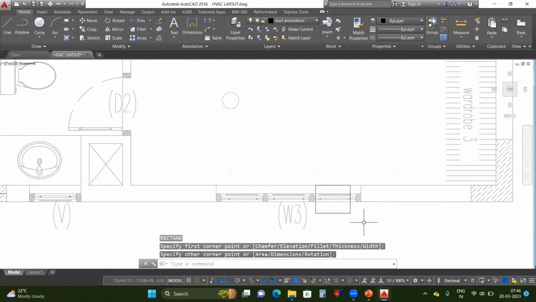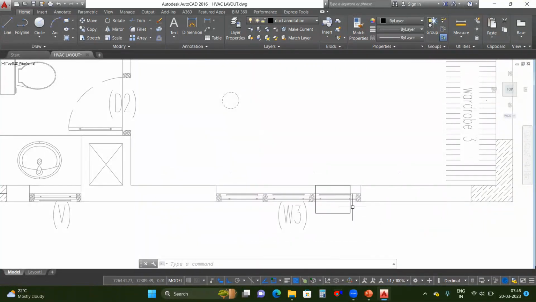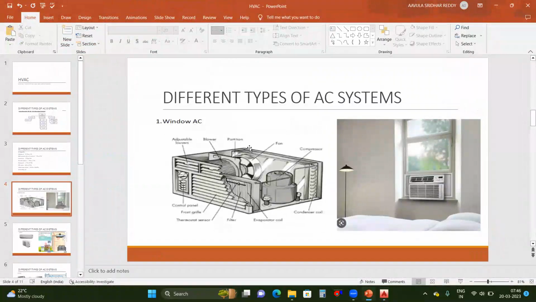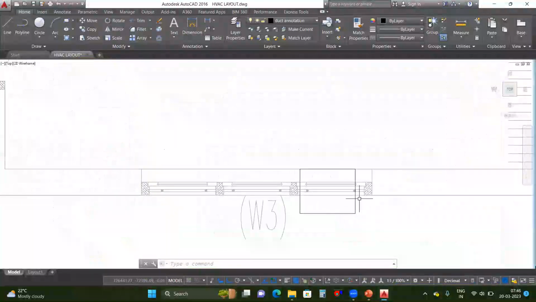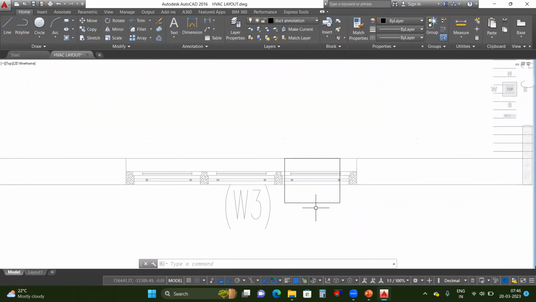Okay, so if you see, some part of the window AC should be exposed to the outside atmosphere. Why? Because this is the condenser coil. So the condenser coil is eliminating the heat to the atmosphere. So this process should be done at the atmosphere. So that's why we have placed some part of this window AC to the outside environment, so that the hot air will be released to the atmosphere.